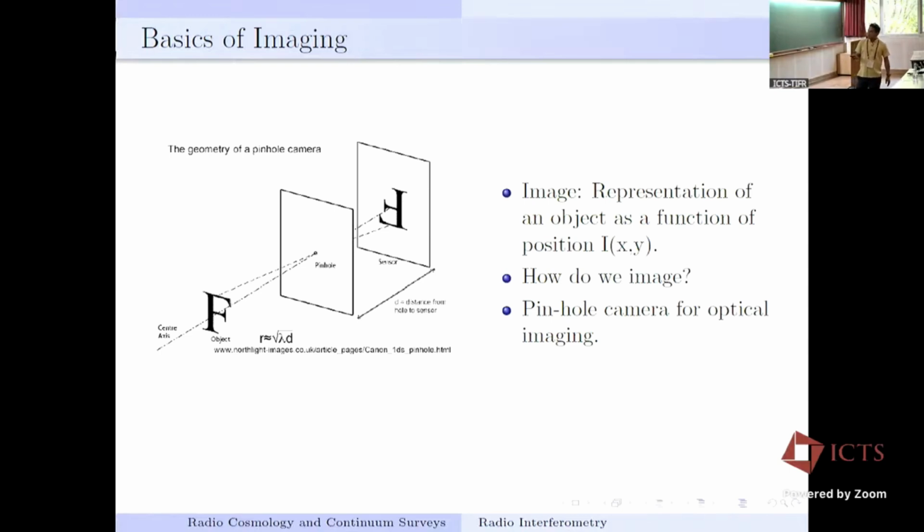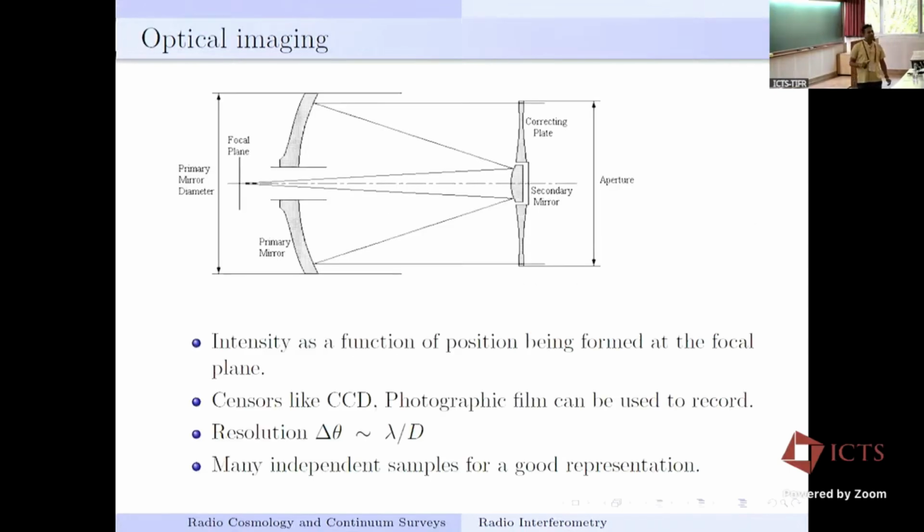Now this is with a pinhole camera, but if you have a telescope, let's say an optical telescope, how does it work? You have a primary mirror, and the rays are coming from infinity. Let's say I have a point source somewhere very far. From this point source, because it is very far, the rays will be parallel, right?